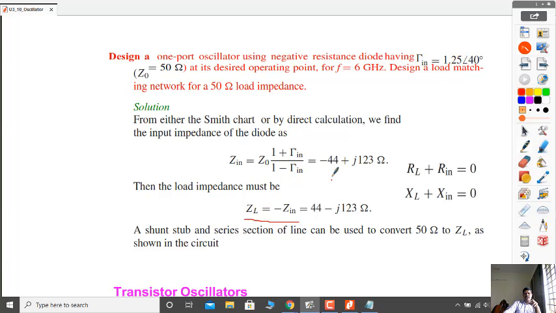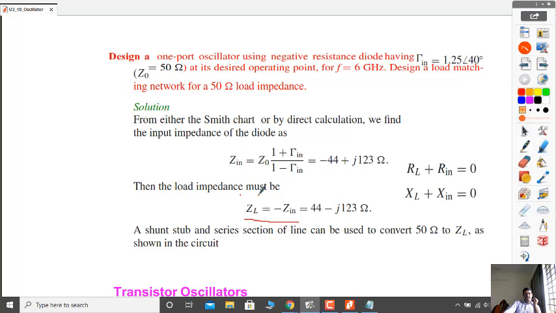The imaginary part you keep as it is, whatever value you read from the Smith chart. For the real part, you have to change the sign, so it will be negative. Or it is better to use the analytical method using the formula to compute the Z.